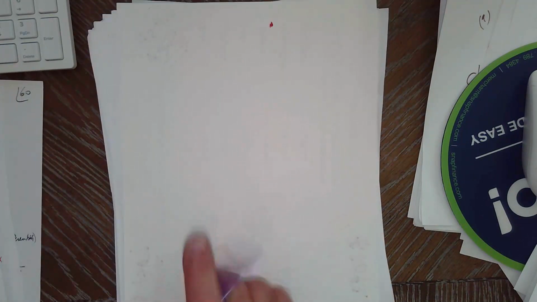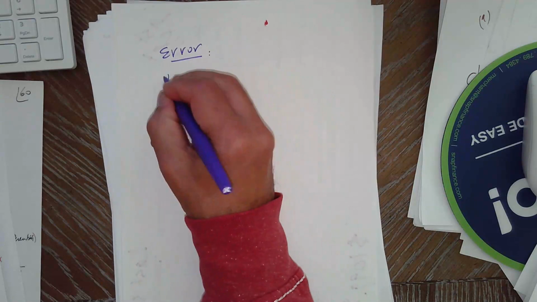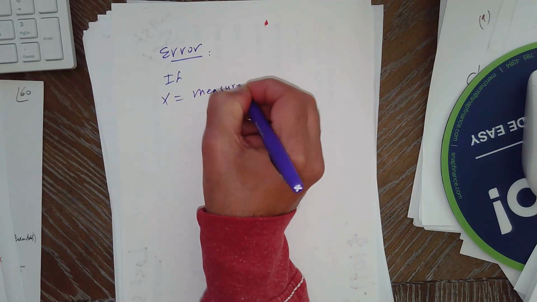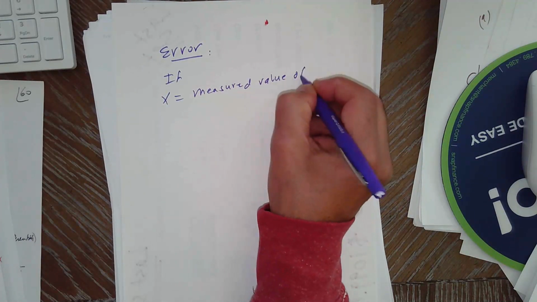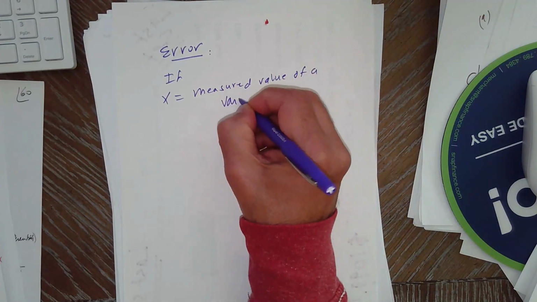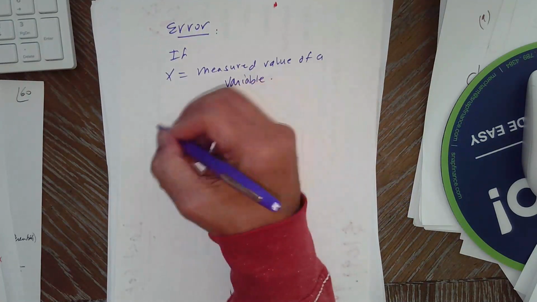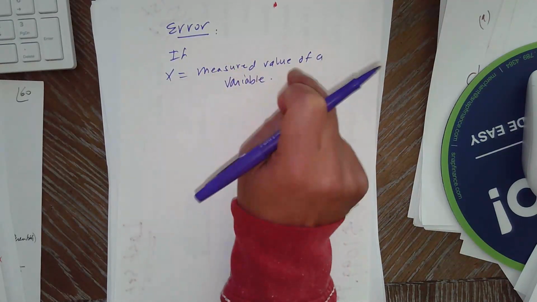The last part of this section is about error. So if x is the measured value of a variable, say you bought a desk for work, and then you measured the width of the desk. That's your x, the measured value.